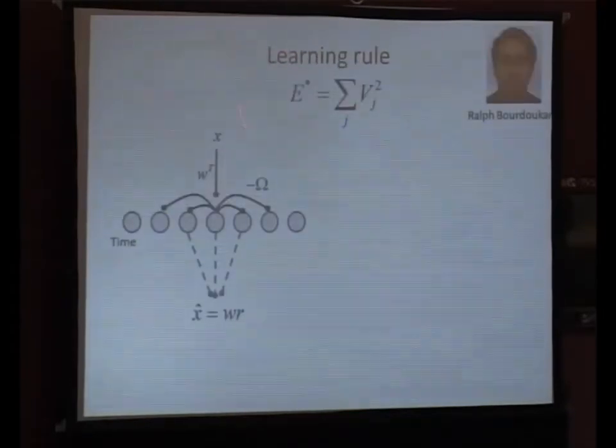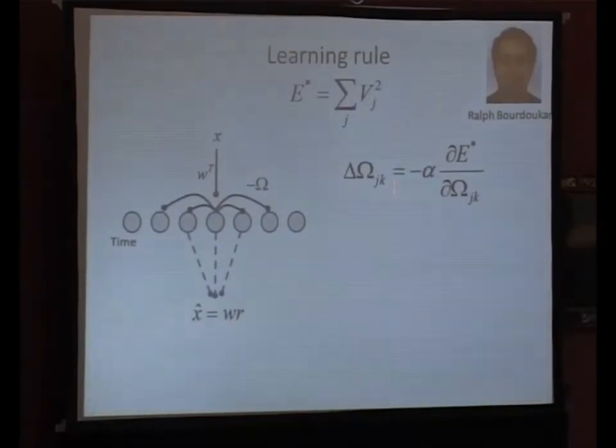So that's what we do. We define an objective function, which is the sum of the variance of the membrane potential in all the neurons in the population. It's tightly related to the initial error we assumed the network was minimizing when it was spiking. We just do a simple gradient descent on this error.